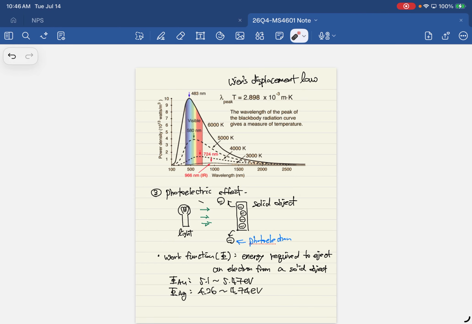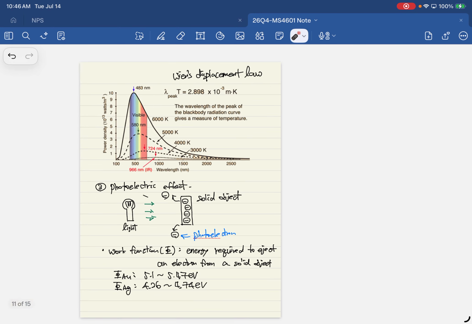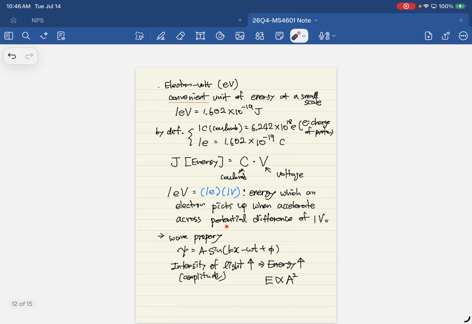Are you guys following here? By conventional knowledge of waves, incoming energy has to increase with increasing intensity or amplitude.